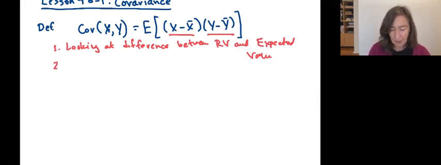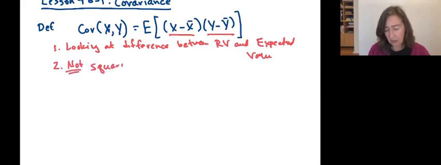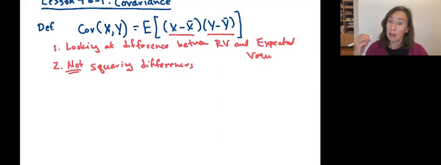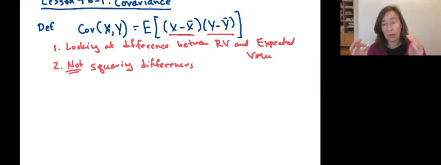Okay, what's different here is we are not squaring the differences. Right, when we define variance as the expectation of the squared difference between the random value and its mean, we were doing that because we didn't want the sign of the difference to affect things.